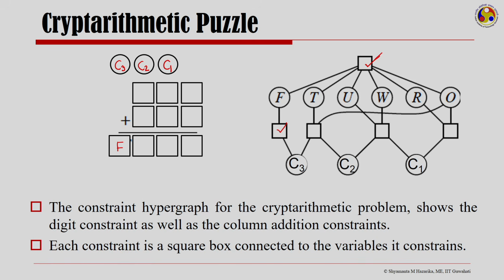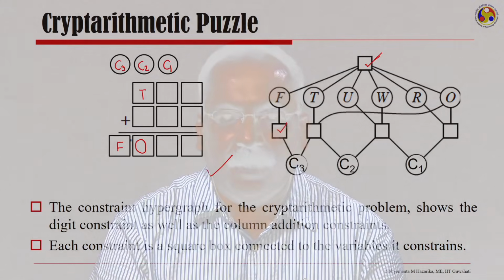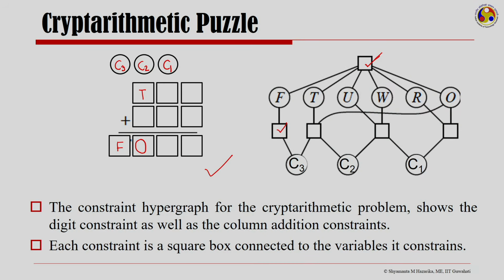C3 and F have a constraint. Similarly, C2 as well as O here have a constraint. So, T, C2 and O have a constraint, and so on and so forth. The constraint hypergraph for the cryptarithmetic problem shows the digit constraints as well as the column addition constraints, and each constraint is a square box connected to the variables it constrains.